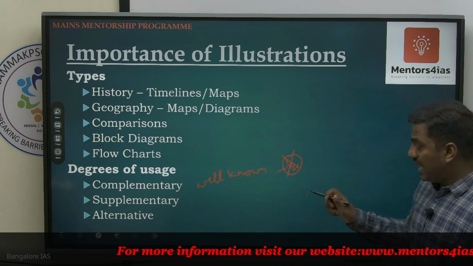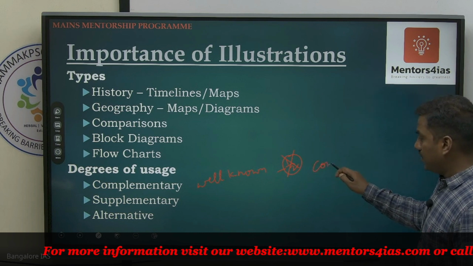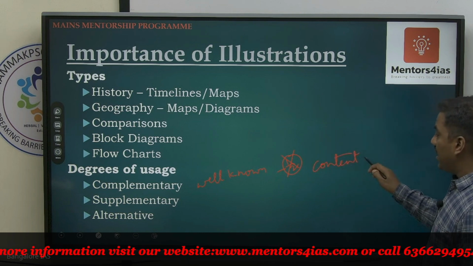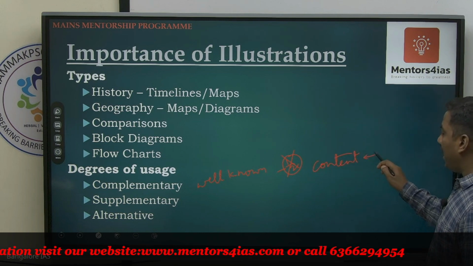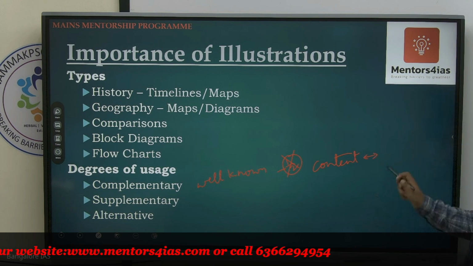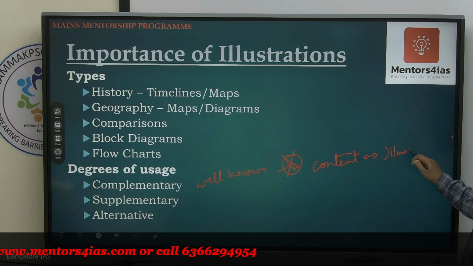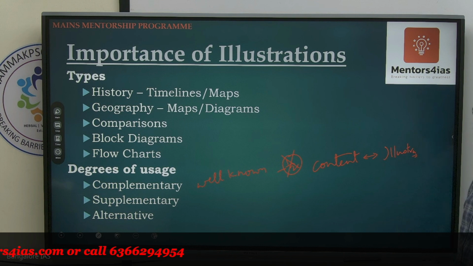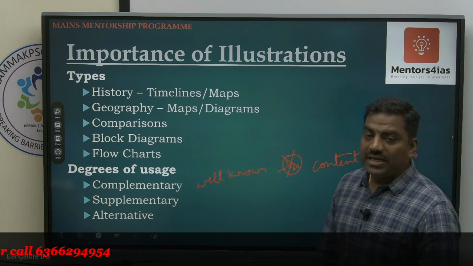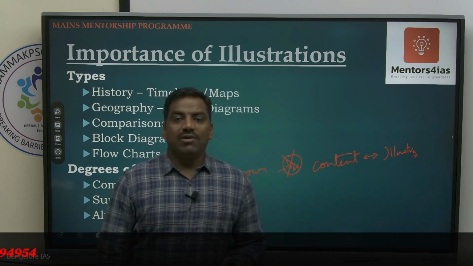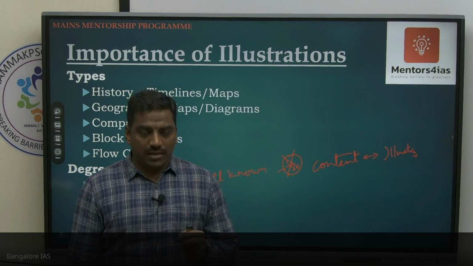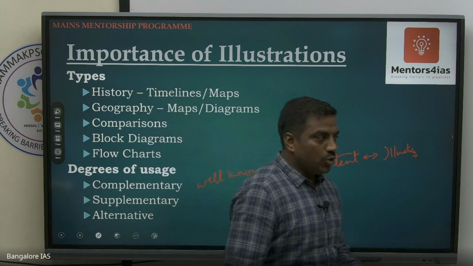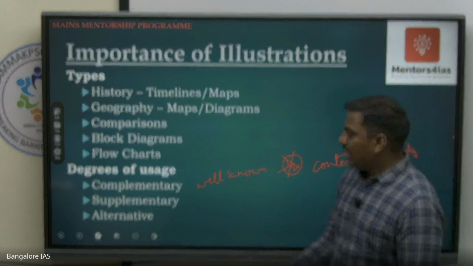So there, along with the content, you are complementing it with the illustration. You have written well anyway, but the illustration is also telling the same thing. Then the evaluator will get convinced that you know fully about that particular issue.